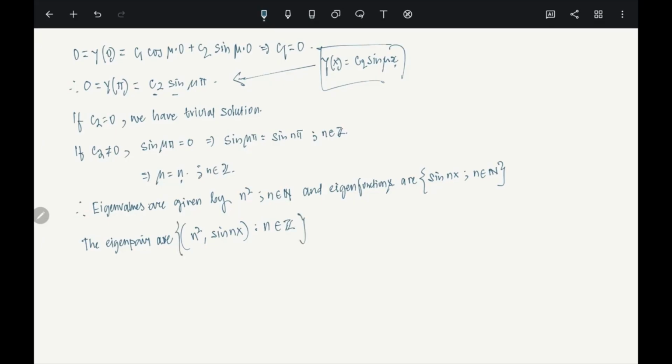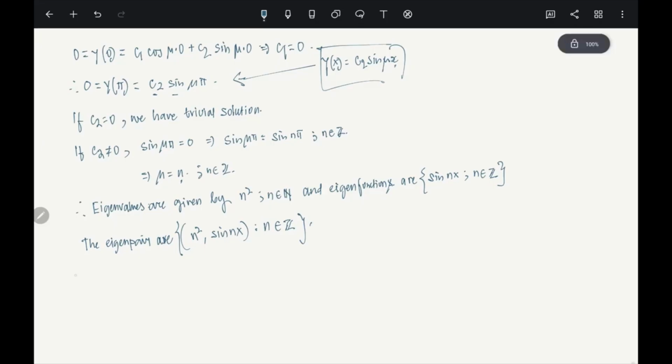These are the eigenpairs. The first thing is the eigenvalue, and the second part is the corresponding eigenfunction. Now we have these positive eigenvalues.